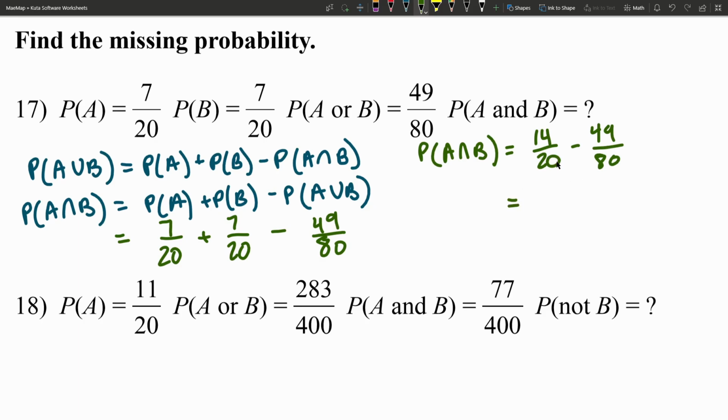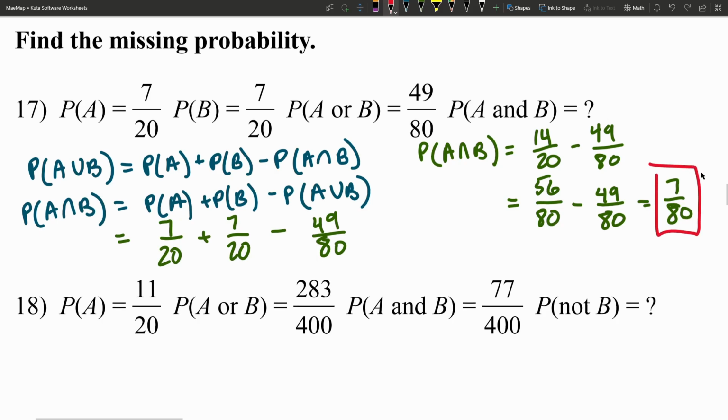So I'll have to multiply 20 4 times to get to 80, so I'm also going to multiply 14 4 times. 14 times 4 is going to be 56, so that's 56/80 minus 49/80. What is this equal to? 56 minus 49 is going to be equal to 7, so that's 7/80. The intersection is 7/80. So, given that we do indeed have an intersection that's not equal to 0, we know that these events are not mutually exclusive.